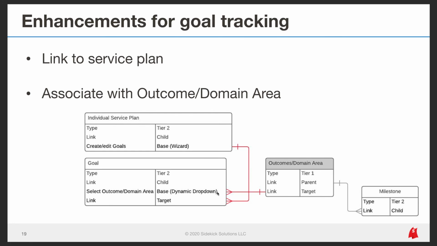Now, if you don't have Apricot 360, you could also use a standard drop-down field to signify your outcome and domain area. What's useful about dynamic fields is that if you have a particular program that works with a certain set of domains that's different than another program, the dynamic drop-downs can enforce that logic in real time.